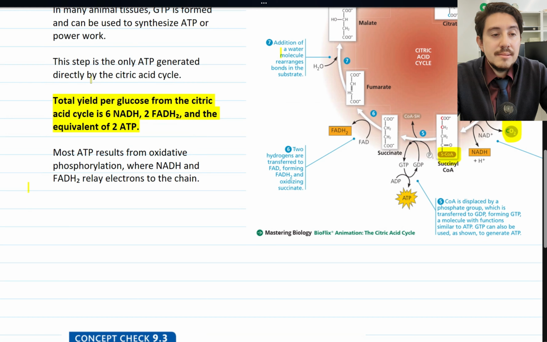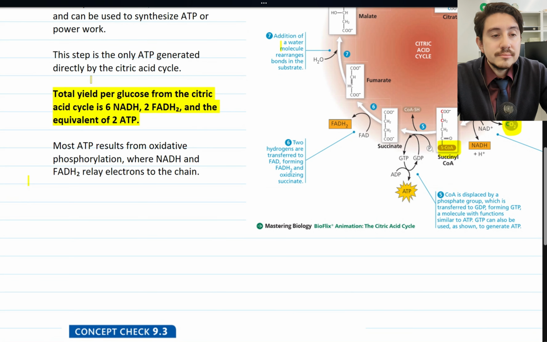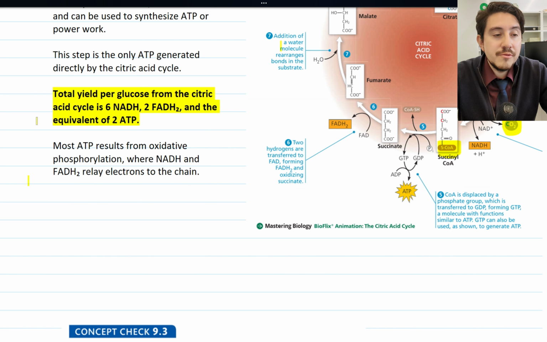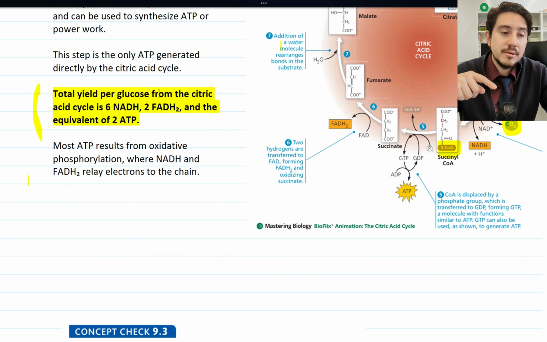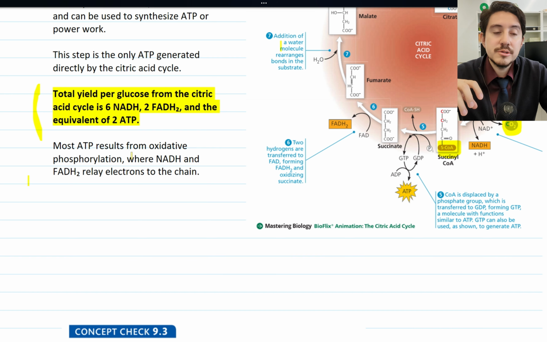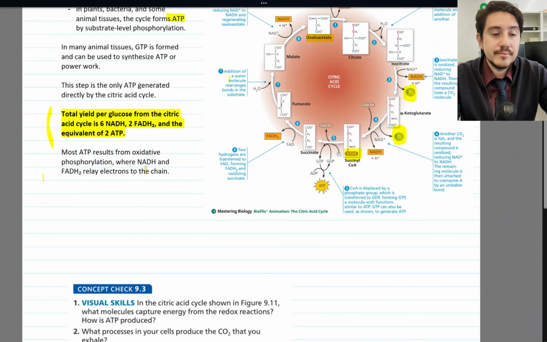Again, this step is the only ATP generated directly by the citric acid cycle. This is the key thing that you do need to know. Total yield per glucose from the citric acid cycle is 6 NADHs, 2 FADH2, and 2 ATPs. And then these will be used to go into the electron transport chain.